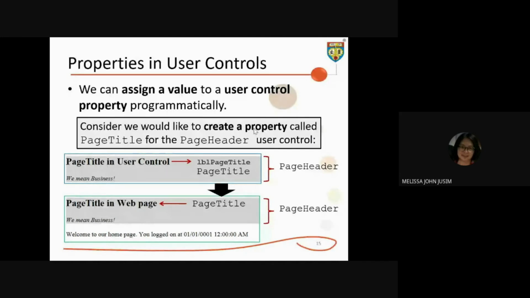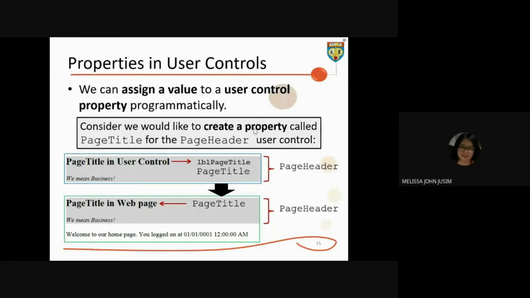Say that we want to assign a value to a user control property. The one that we have here is a user control called page header. Assuming that what you see here is a page header user control, an ASCX file. And then what do we have there?